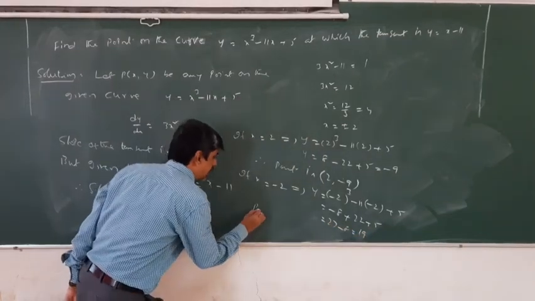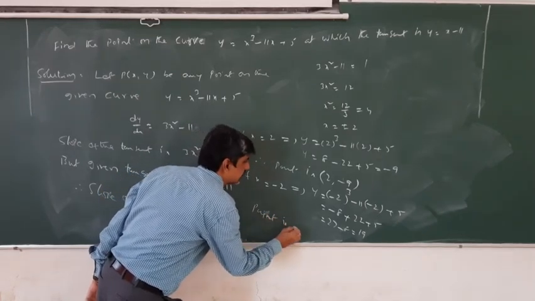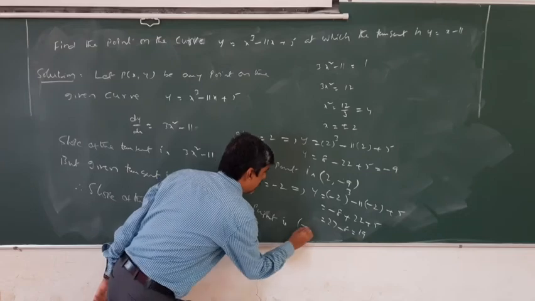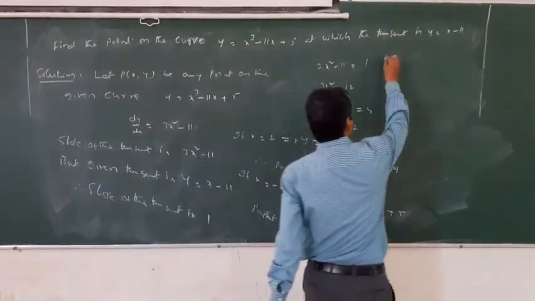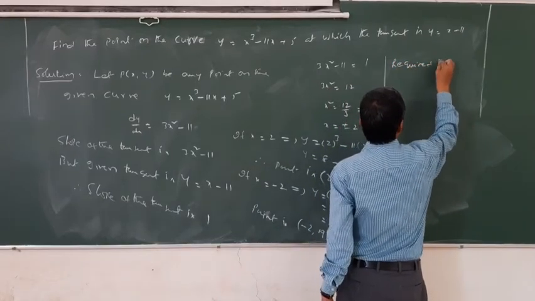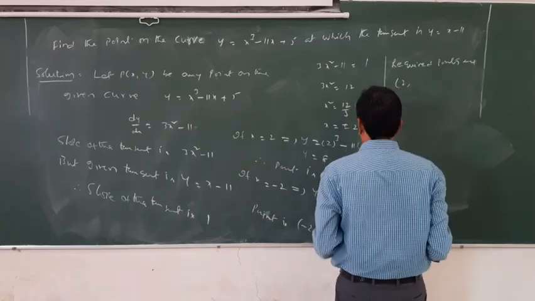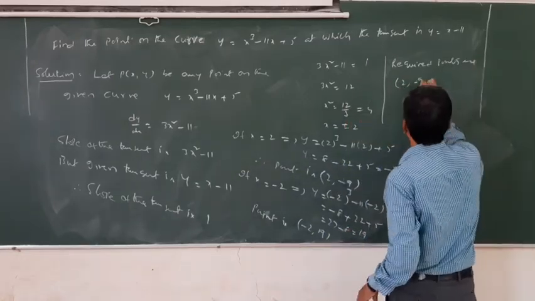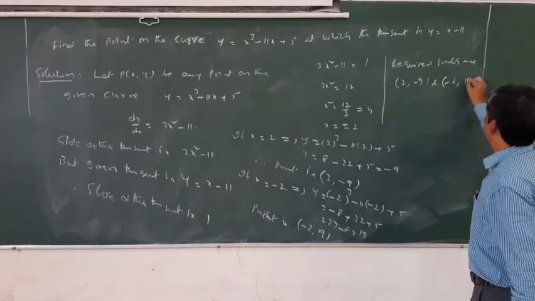Therefore, another point is (minus 2, 19). Hence the required points are (2, minus 9) and (minus 2, 19).